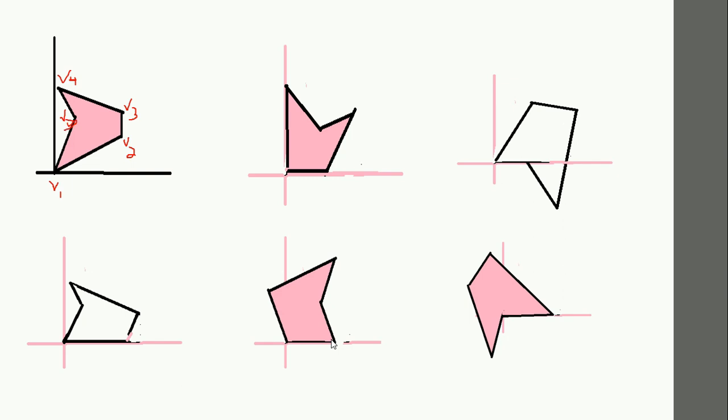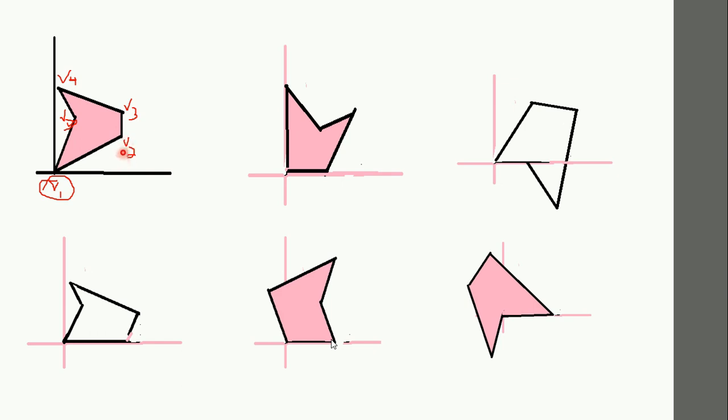Initially, according to the rotational method, I have to choose v1 at the origin. So let me choose v1 at the origin, and the next step is to consider v2 and make it lie on the x-axis.